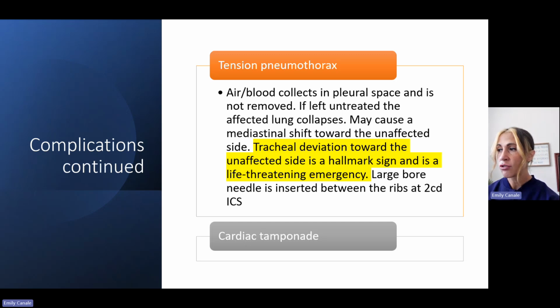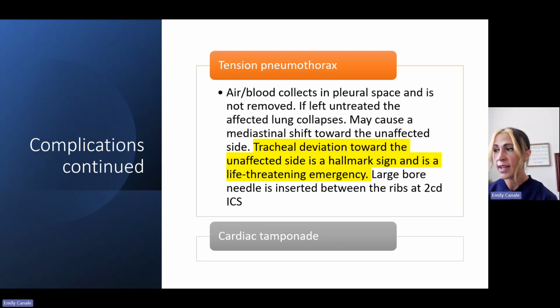If this is left untreated, that positive pressure increases and that lung is going to collapse. As that positive pressure increases, it can cause a mediastinal shift toward the unaffected side. That results in tracheal deviation towards the unaffected side, and that's the hallmark sign of a tension pneumothorax.